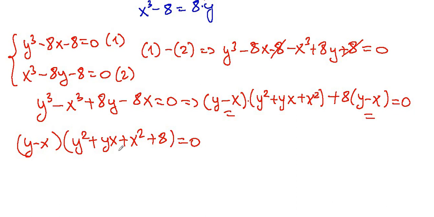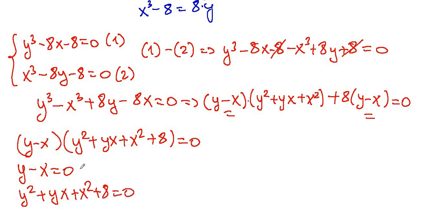So therefore I can equate each expression to 0. y minus x is equal to 0, and y squared plus yx plus x squared plus 8 is equal to 0.